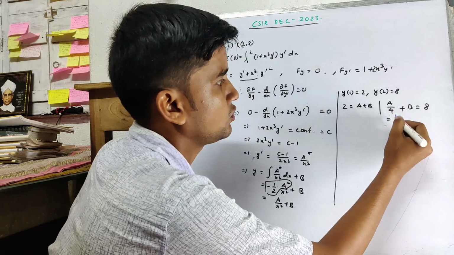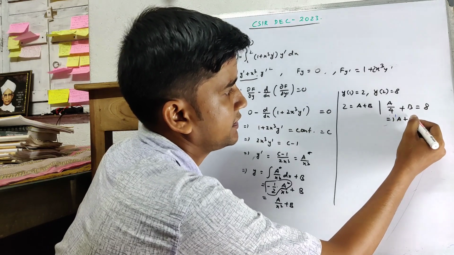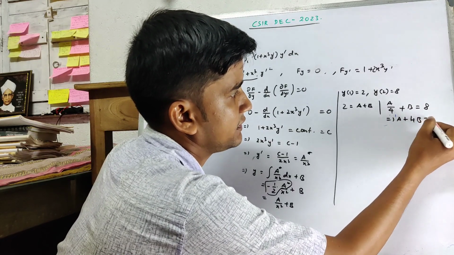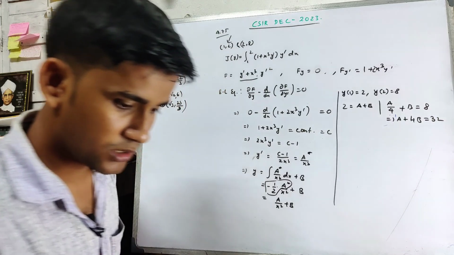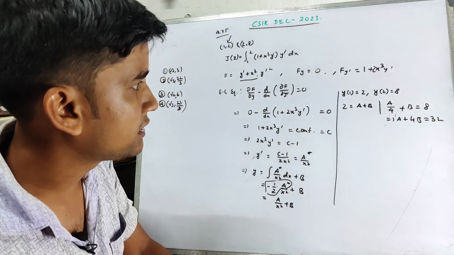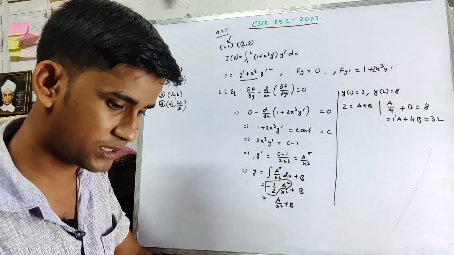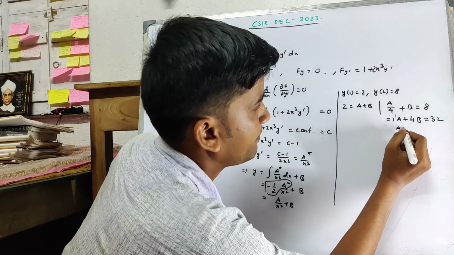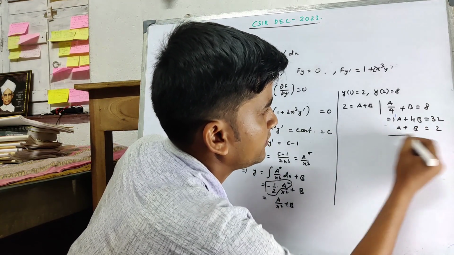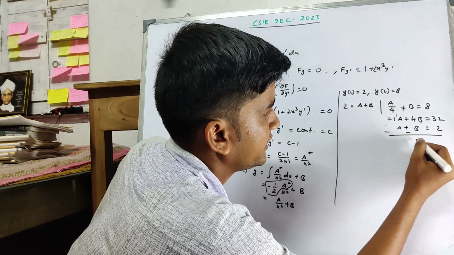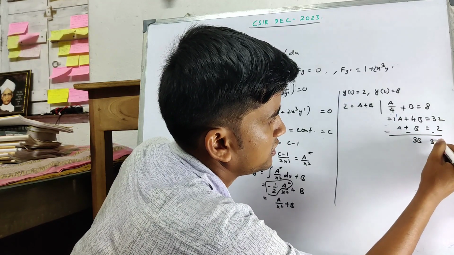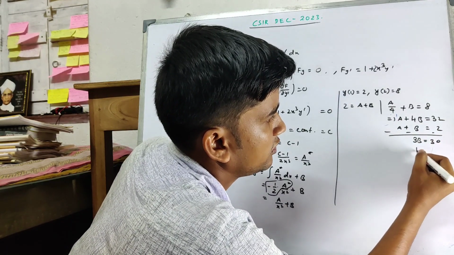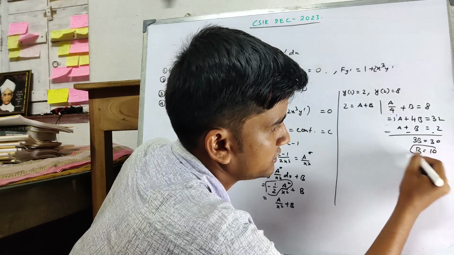Now if we solve these two, we get a plus 4b equal to 32. And a plus b is equal to 2. If we subtract, then minus 3b is equal to 30, which implies b equal to 10 here.